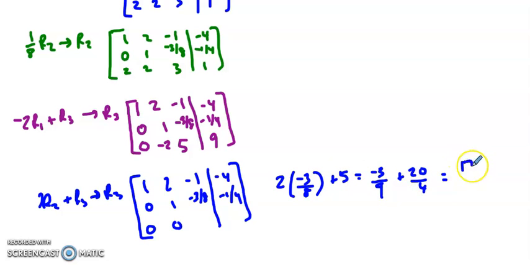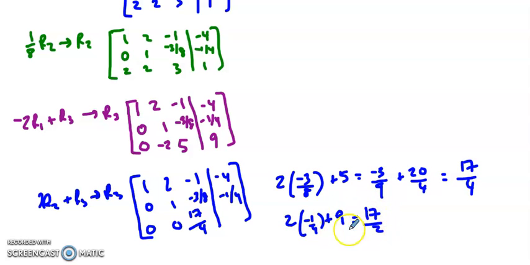So when I add these together, I get 17/4. That's what hits this entry right here. And then I need 2 times -1/4 and add that to 9, so it's just 9 minus a half, which is 8.5, which is 17/2.